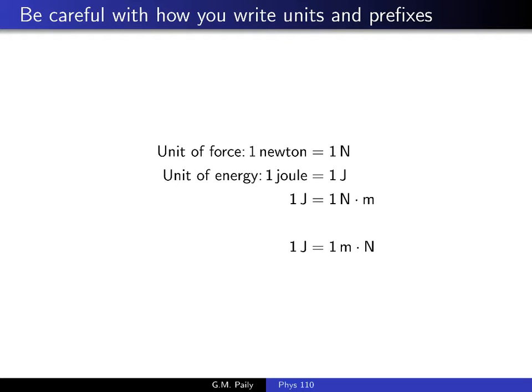As we have already seen, little m sometimes refers to milli, sometimes refers to meters, and you have to judge from the context which one is being referred to. And when you need to present your results, always make sure that it is clear to any reader who is just coming upon it. Usually, however, we will just say 1 joule is 1 Newton meter.